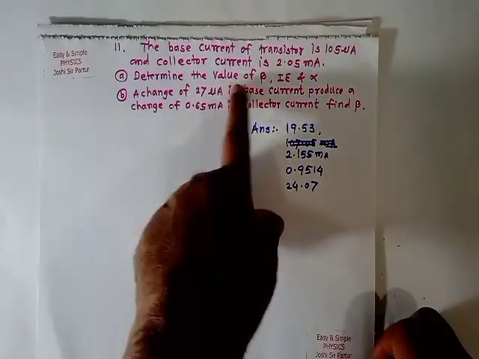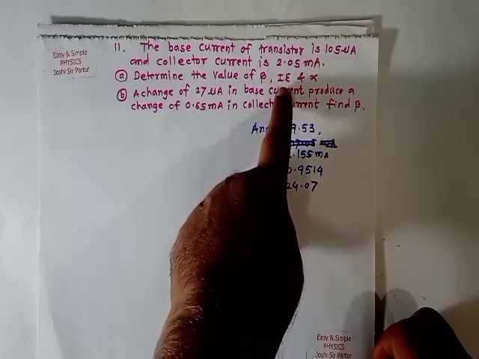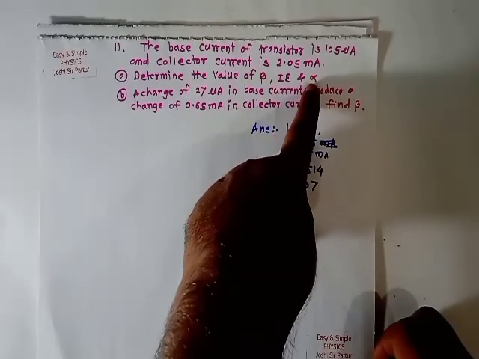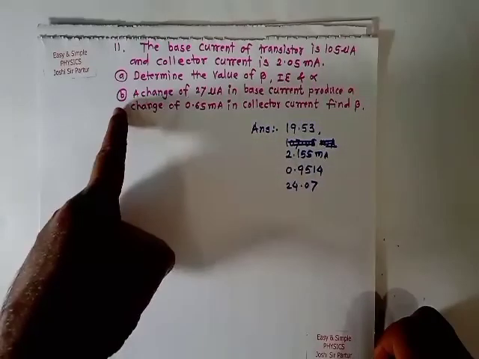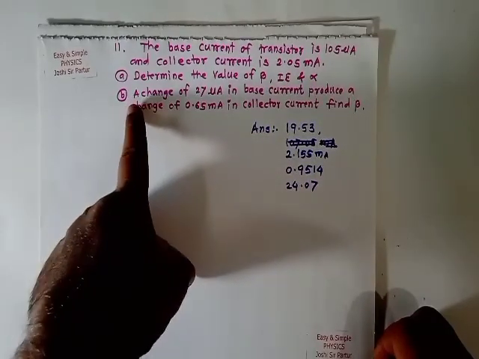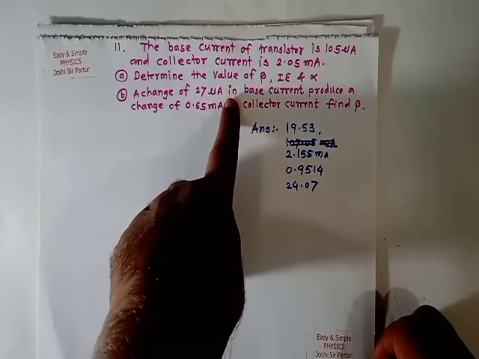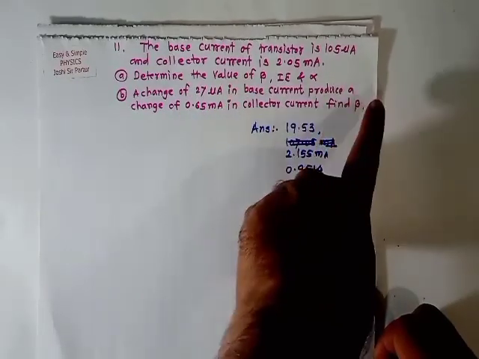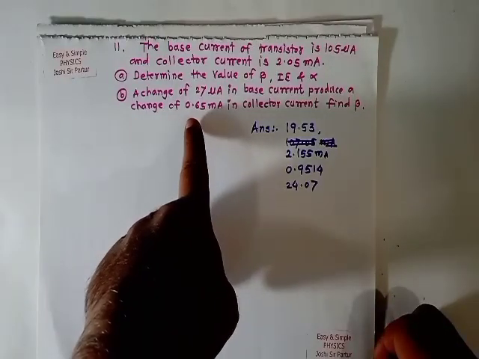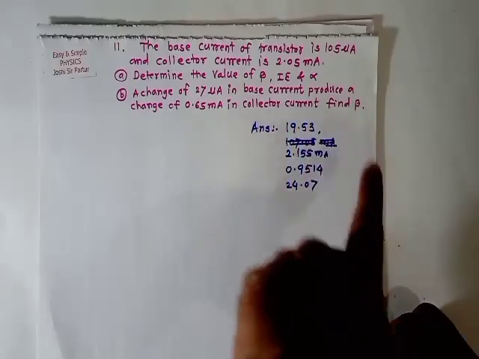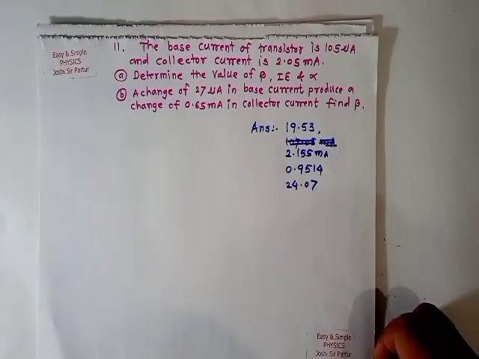Determine the value of beta, the value of emitter current and the value of alpha. Number 2, or B: a change of 27 microampere in base current produces a change of 0.65 milliampere in collector current. Find the value of beta.